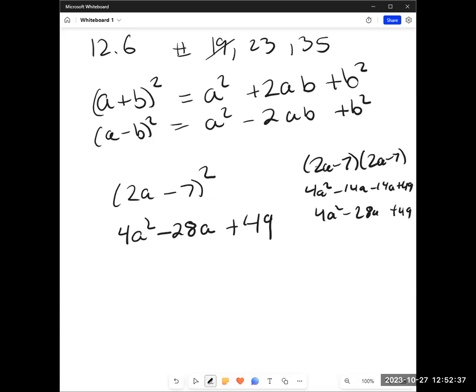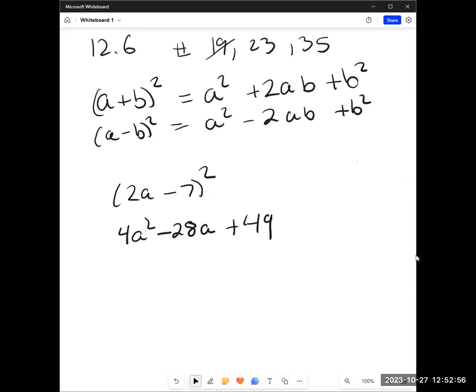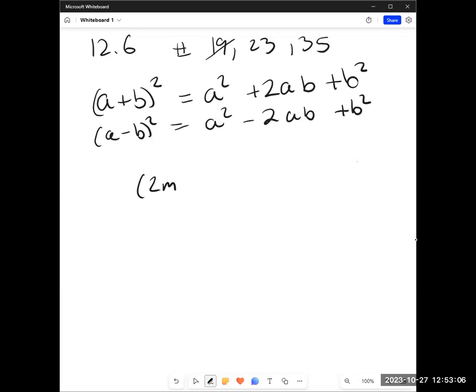I wouldn't be emphasizing this so much if this formula wasn't really important. So while you could write the squared out every single time as something times something else, that's not going to help you when you need to go the other way as much. So you need to get used to using the formula. So let's work on one more problem here. 2m plus 3n squared.